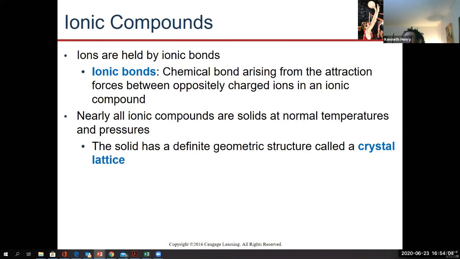We'll often call this a lattice, a crystalline lattice. They have a very defined structure. It's very organized, okay? Now again, that's as long as there's nothing else around. As soon as water comes into play, or sometimes alcohol, it can dissociate those things. It'll break up that relationship, so they won't interact with each other.